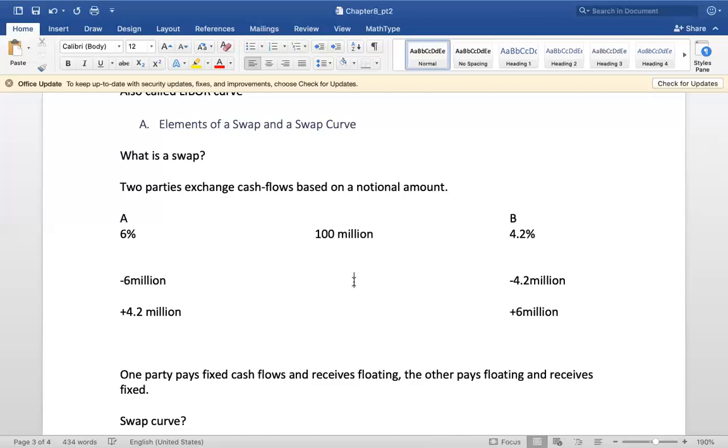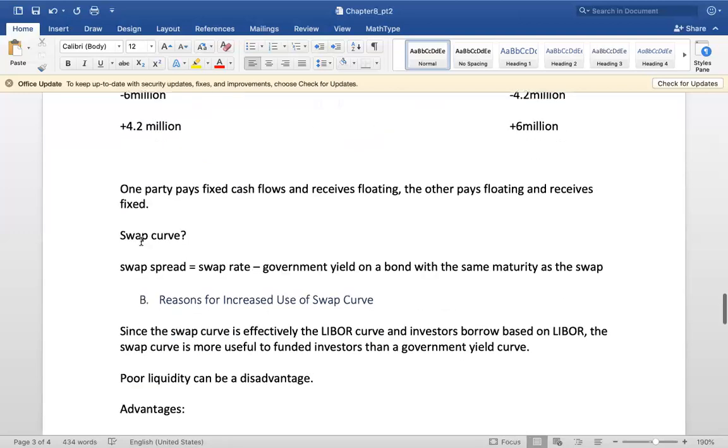So this is a swap. The notional principal is 100 million. One party is paying 6%, the other party is paying 4.2%. Because they are paying 4.2%, they will pay minus 4.2 million, negative here, positive here, 6 million negative here, positive here, and this 6% will be called the swap rate.